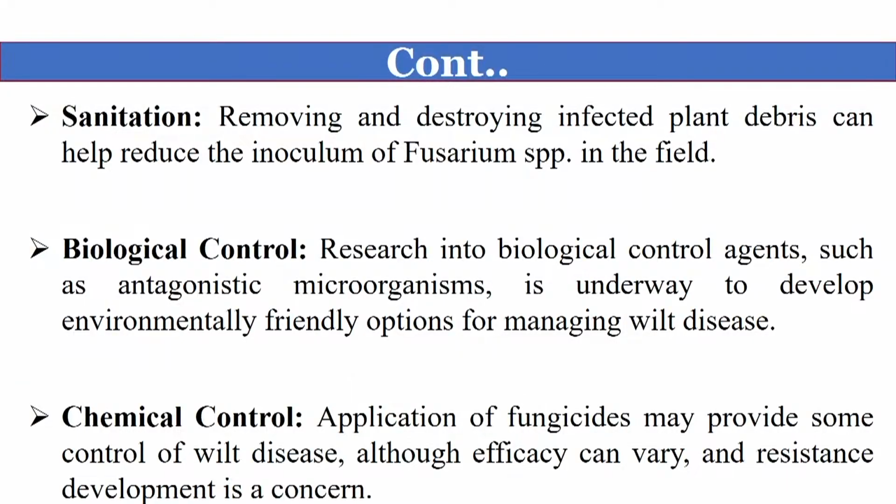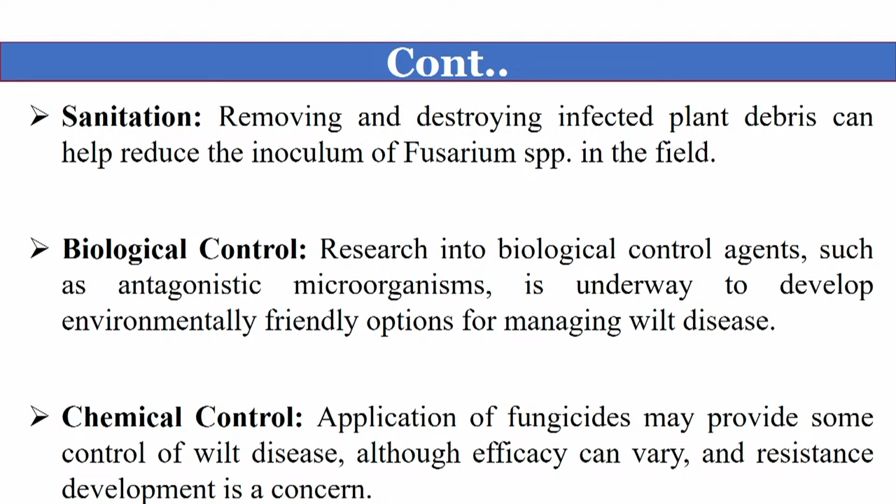And the next point is sanitation, which means removing and destroying infected plant debris, which can help reduce the Fusarium species in the field. Biological control agents, such as antagonistic microorganisms, are under development as an environmentally friendly option for managing the wilt disease.